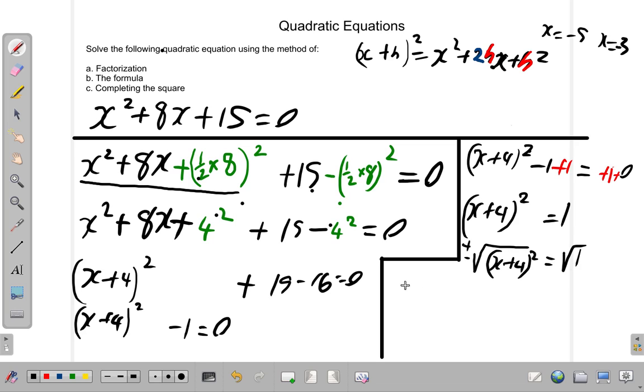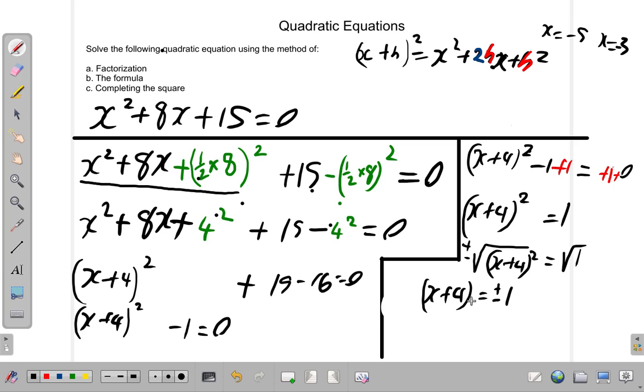The square root of x plus 4 squared is just x plus 4, equals plus or minus 1. Saying x plus 4 is equal to positive or negative 1 is the same thing.